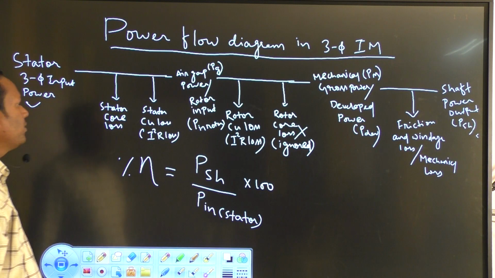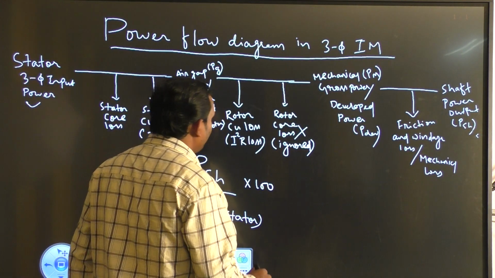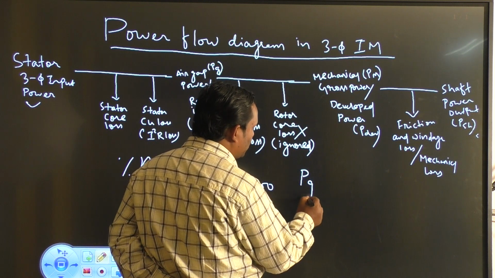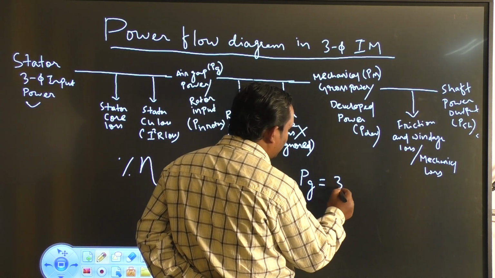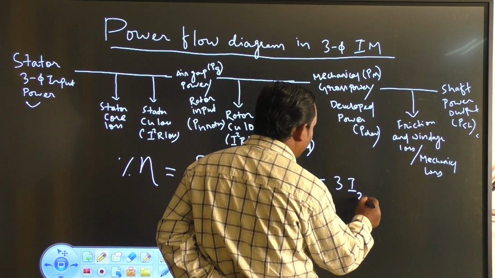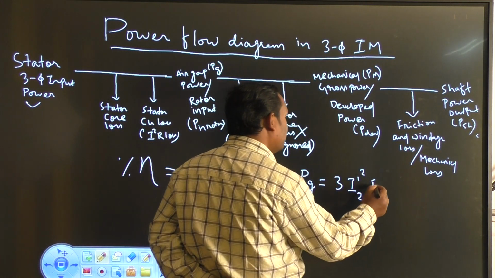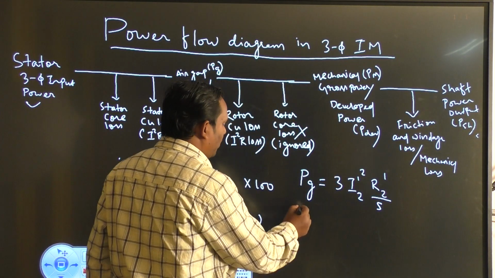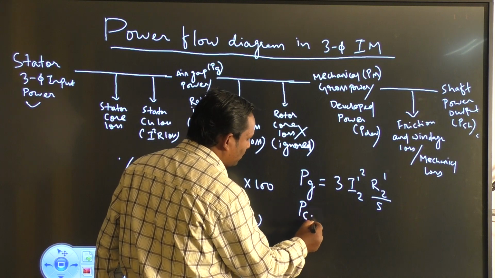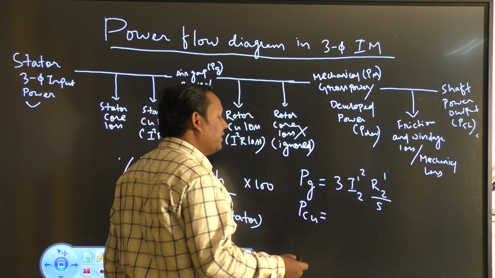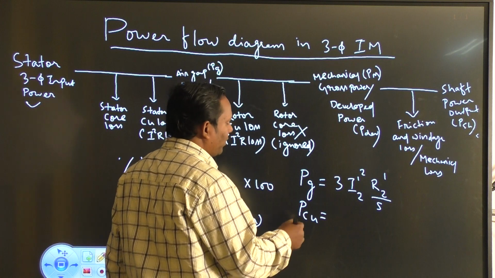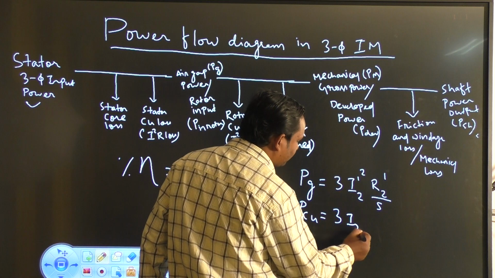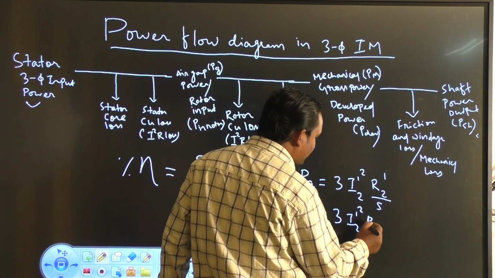Some formulas here are also important. From the equivalent model, the air gap power PG equals 3 into I2 dash square into R2 dash divided by S. These formulas we are deriving in three-phase quantities. The rotor copper loss PCU in total three-phase equals 3 into I2 dash square R2 dash.